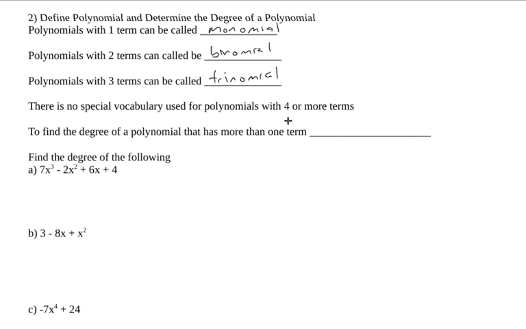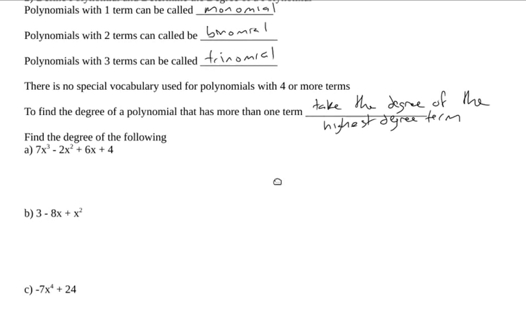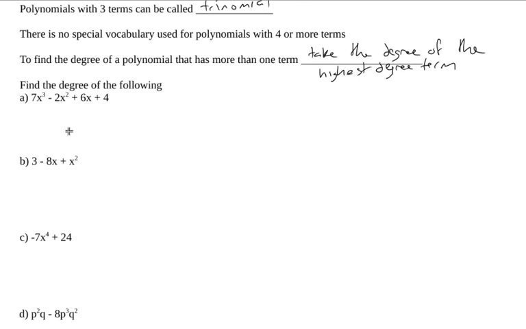Alright, to find the degree of a polynomial that has more than one term, you just take the degree of the highest degree term. So finding the degree of this polynomial, we look at it in individual terms.